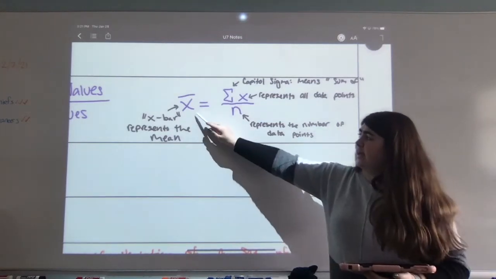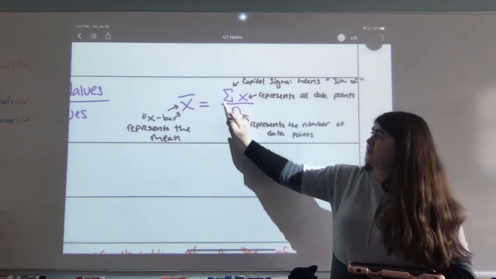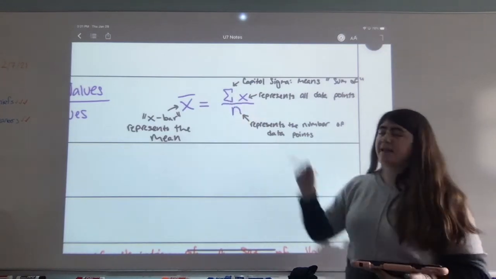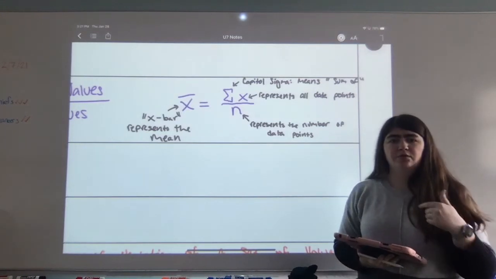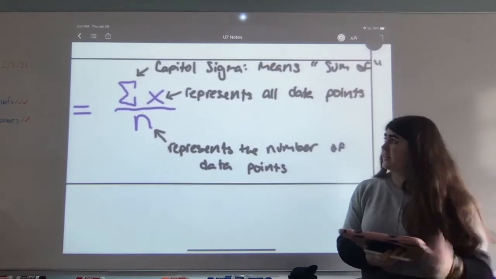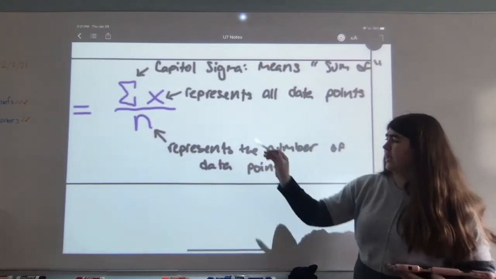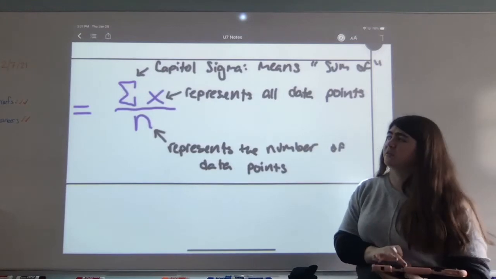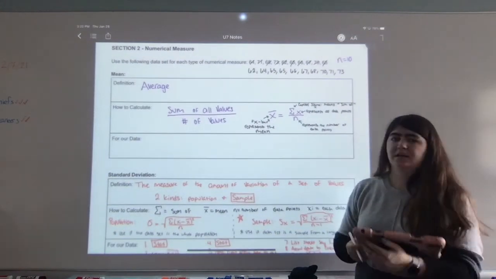So I have X bar, or the mean. This is called capital sigma, a Greek symbol that we use to represent the sum of. Then we have this X, which represents all data points, and N, which represents the number of data points once again. All right, so we're going to calculate this.